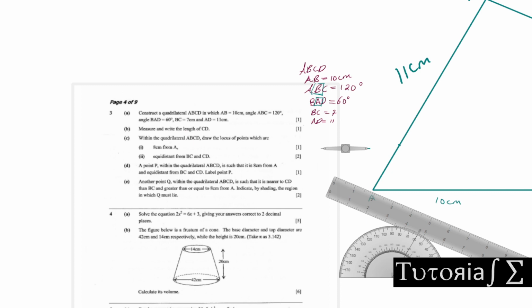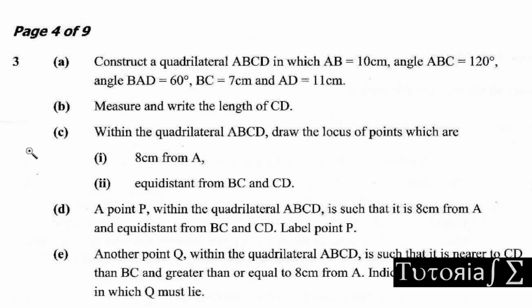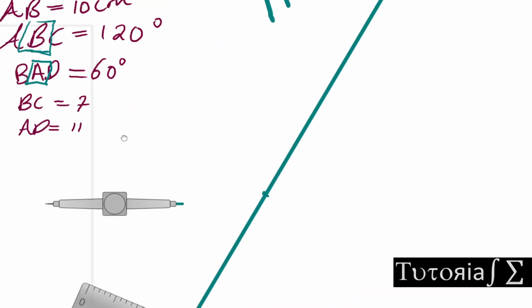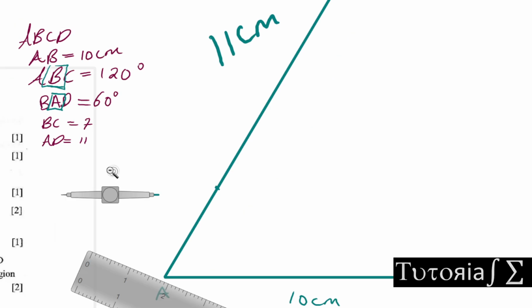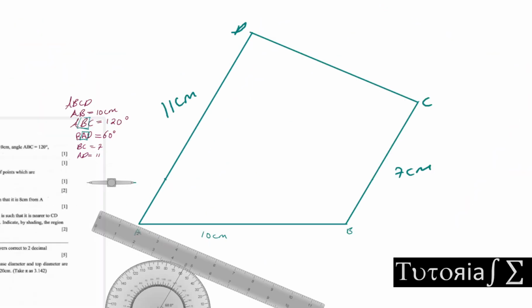Okay, so we're done with the first part of the question where we are asked to construct a quadrilateral. Then we go to the second part of the question that asks us to measure and write down CD. So CD is this length right here.